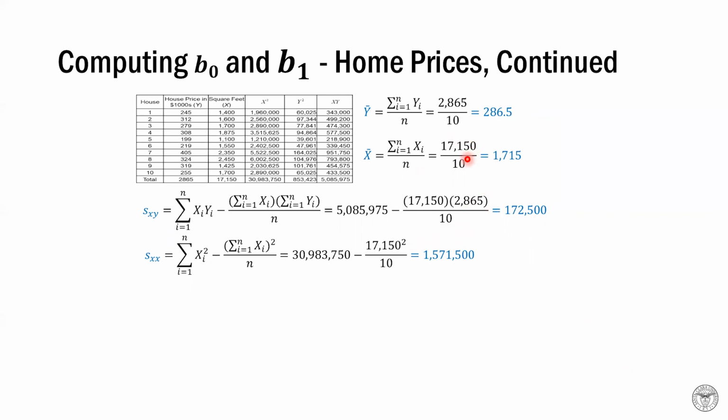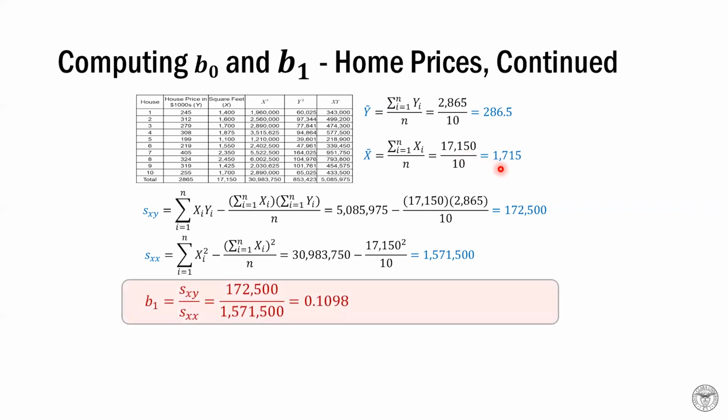After obtaining the previous values, we can then use the equation to compute the coefficient b_1 as follows. b_1 equals S_xy over S_xx equals 172,500 over 1,571,500 equals 0.1098.